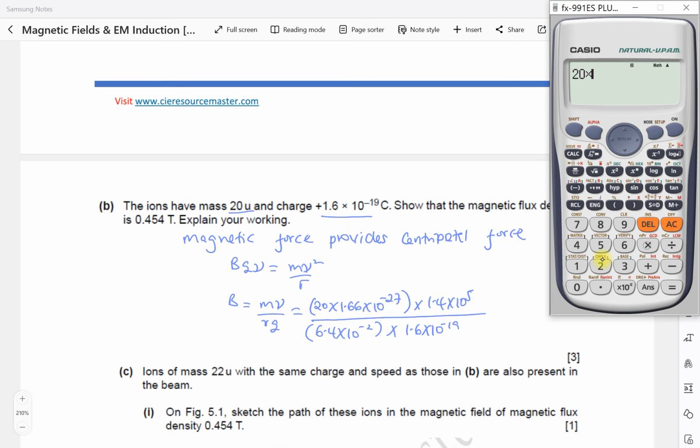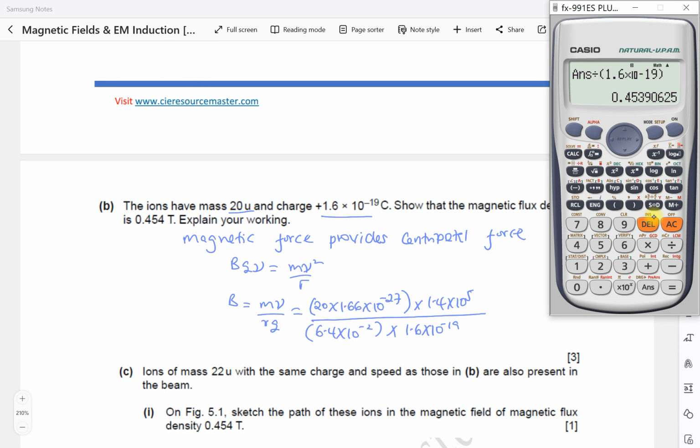So 20 times 1.66 exponent minus 27, then times 1.4 exponent 5, divided by 6.4 exponent minus 2, divided by 1.6 exponent minus 19.